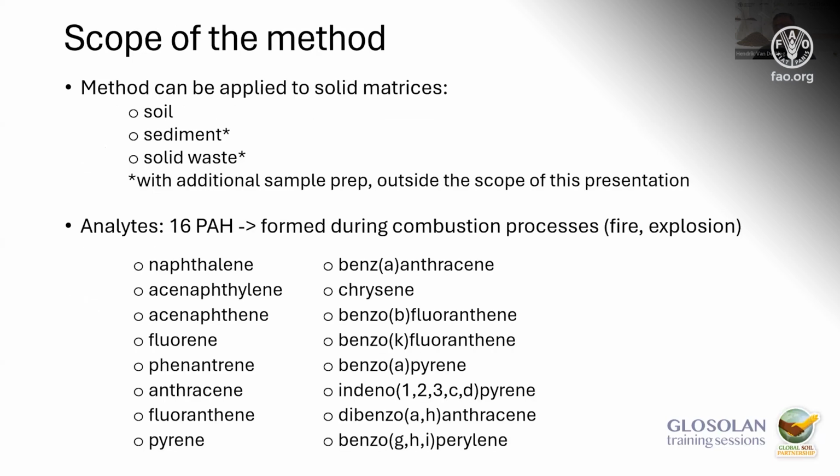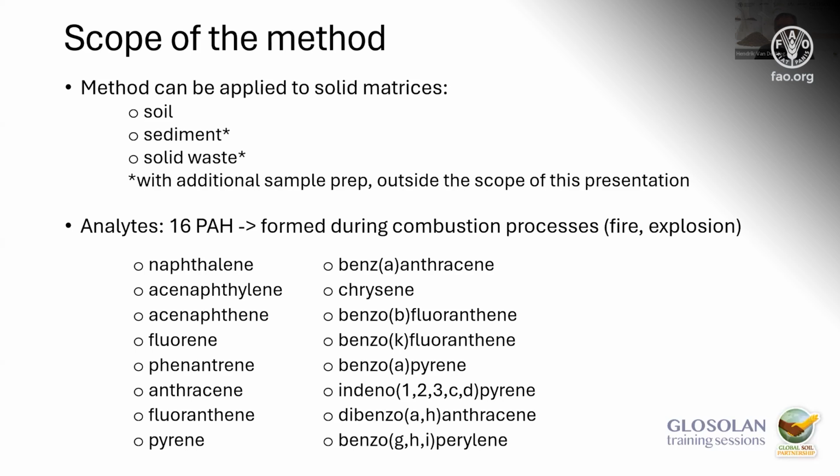So let's start with the scope of the method. This method is suited for solid matrices: soil, of course, but also sediment and solid waste. For sediment and solid waste, some additional sample preparation can be necessary, so this is outside of the scope of this presentation.